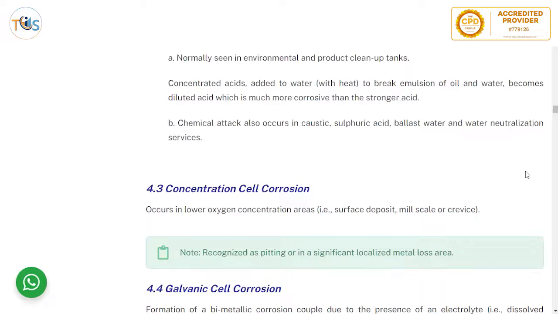Remember that the more water added to the acid, the lean acid or less strong acid is actually more corrosive because there would be more chemical reaction involved here. Chemical attack also occurs in caustic, sulfuric acid, ballast water, and water neutralization services.